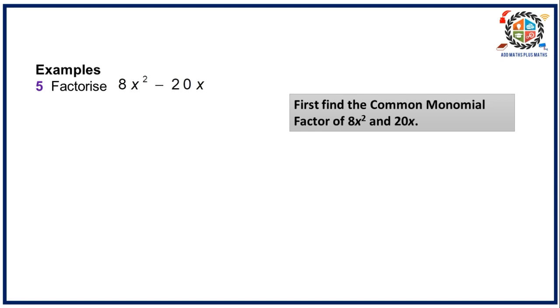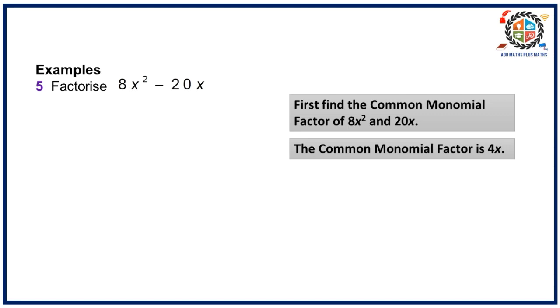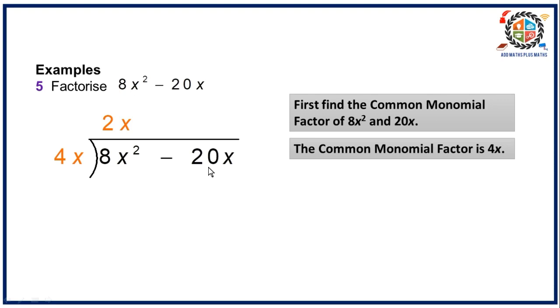So the common monomial factor is a combination of 4 and x, so the common monomial factor is 4x. If I divide 8x squared by 4x, it is 2x. Negative 20x divided by 4x is negative 5. So you'll come up with 4x outside of the bracket and 2x minus 5 inside of the bracket.